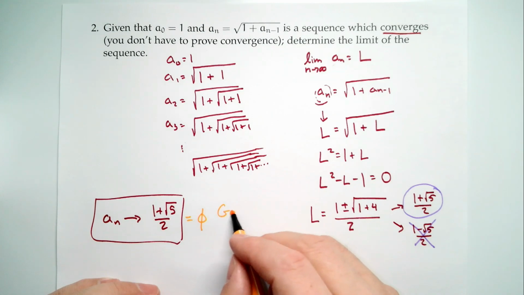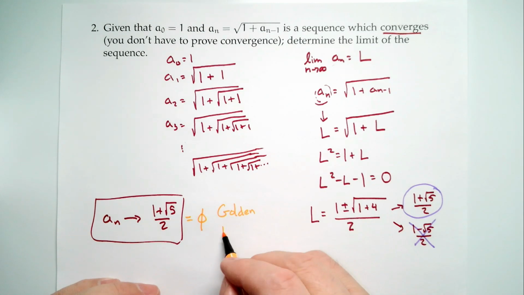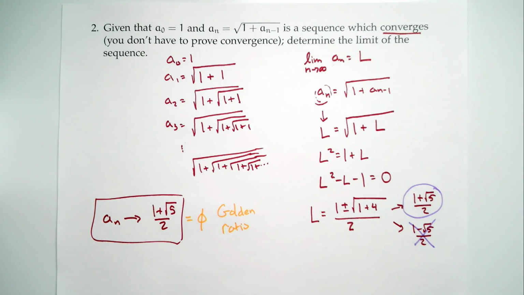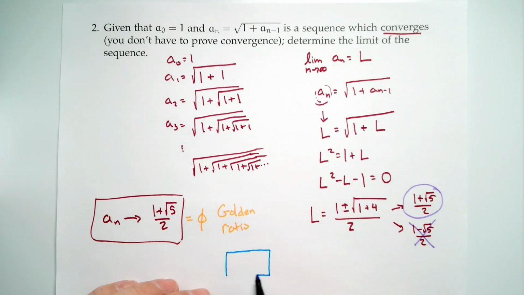It's the golden ratio. Now, what is the golden ratio? Well, the Greeks had this belief. They said that there's a rectangle that would be the most beautiful rectangle. And the most beautiful rectangle would be something that looks roughly like this, where if this side is 1, then this side is phi.